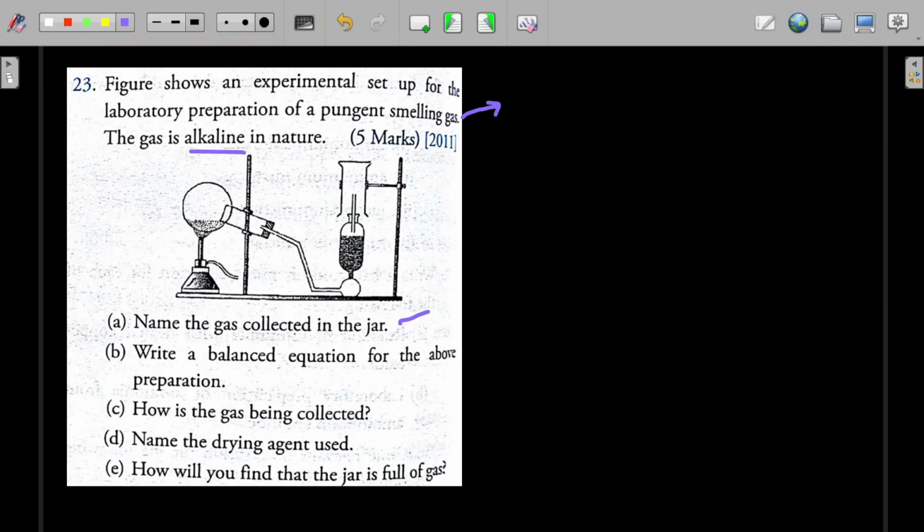If it is a straight flask, you will use warm water and magnesium nitride or aluminum nitride. How is the gas being collected? Downward displacement of air. Name the drying agent: quick lime. How will you find the jar is full of gas? We bring a glass rod dipped in concentrated HCl, and if we observe dense white fumes, it means the jar is full of gas.